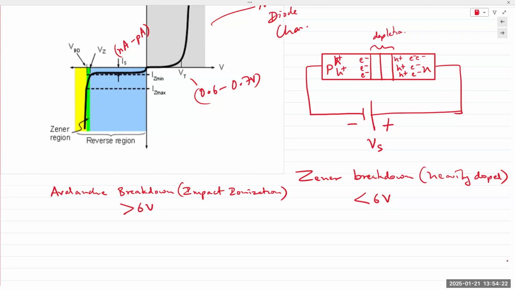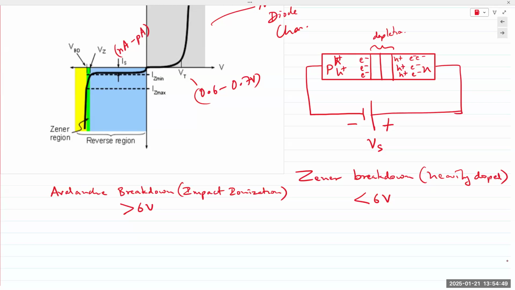As long as Vs is present in the reverse bias, that process will keep going on until a breakdown occurs in the junction, charge carriers cross over, and a heavy current starts flowing through the junction. From that point on, the current that flows through the junction is almost independent of the external voltage that is being applied.